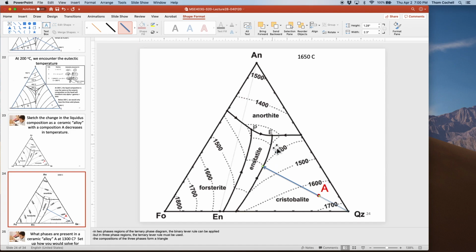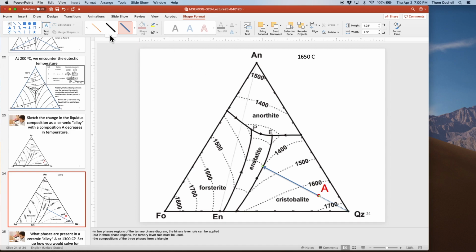Remember, this is a projection of a 3D thing that we're trying to show in 2D. If this is confusing, maybe go back to that original 3D image and see that what I'm trying to show here is the liquidus surface and the way that it happens. This is the projection in the 2-phase field, and then in the 3-phase, it's going to follow that line.